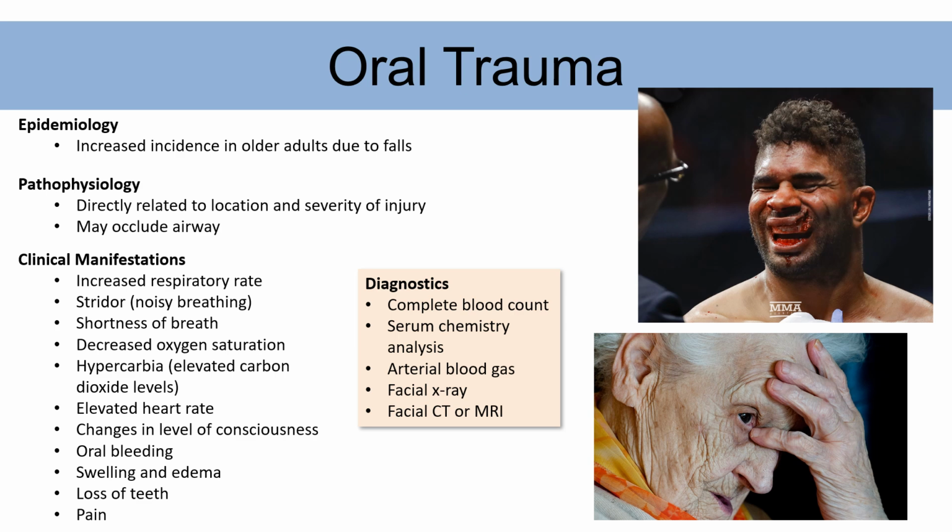It can be simple, it can be complicated. It can be a result of a blunt trauma or penetrating injury where something actually pierces the skin. Very common in car accidents, sports, fights. It affects everyone of all ages, young and old. A lot of times the younger adult may fall and have an oral trauma that way.